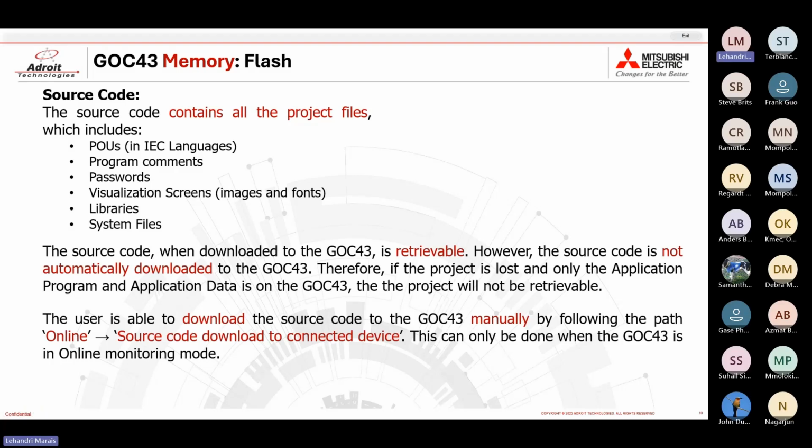You are able to download the source code to your GOC manually by following the path in Codesys. If you go to online and select source code download to connected device, you will be able to download the source code to your GOC.